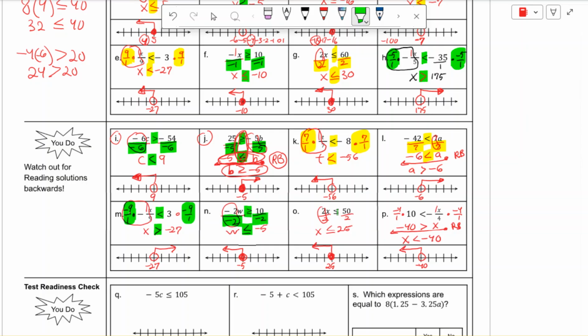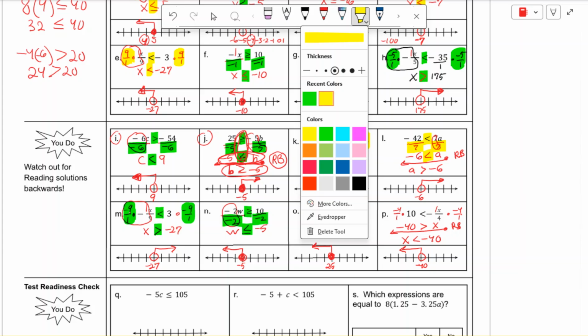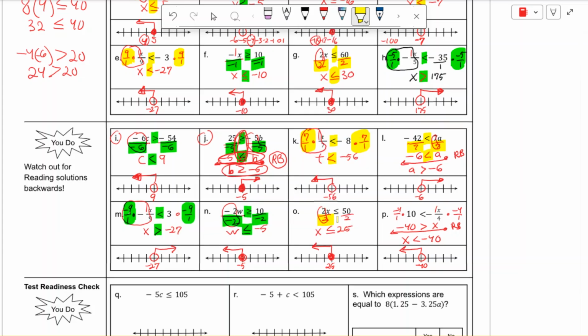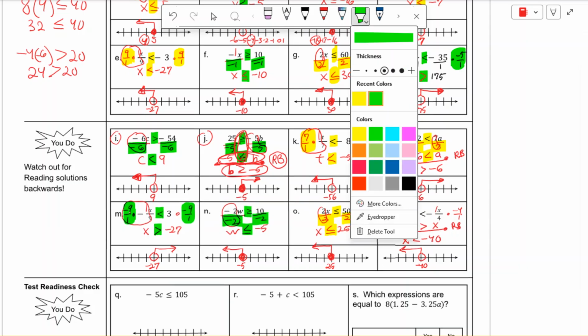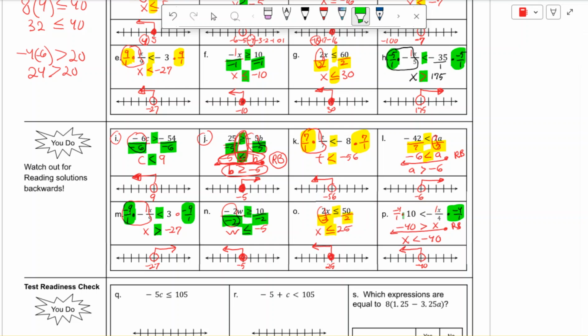On O, we are dividing by a positive on both sides, so the sign does not reverse. And then finally on P, we are multiplying by a negative on both sides, so the sign reverses. Now P was the only one in the row that we had to read backwards. Okay, and that was x is less than. I reverse the sign, that x is less than -40, so x is less than -40.